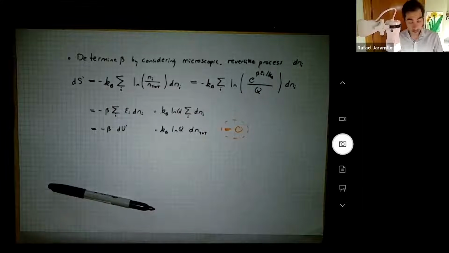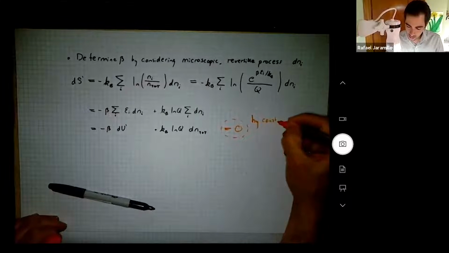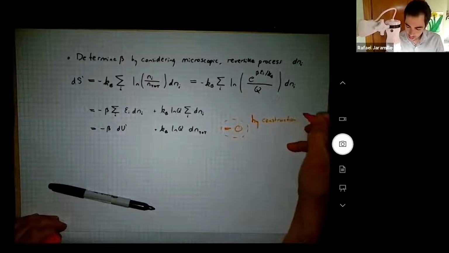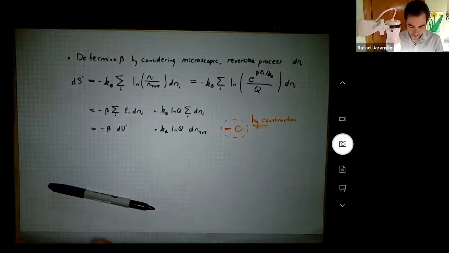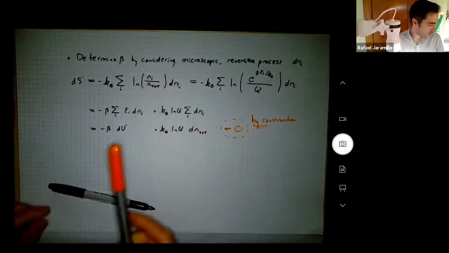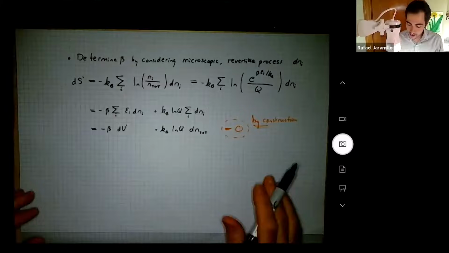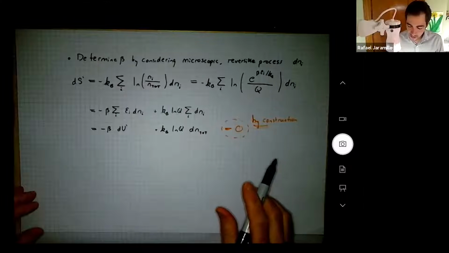So the Lagrange multiplier method worked. So I'm going to say zero by construction. Okay, so by construction, this is zero.